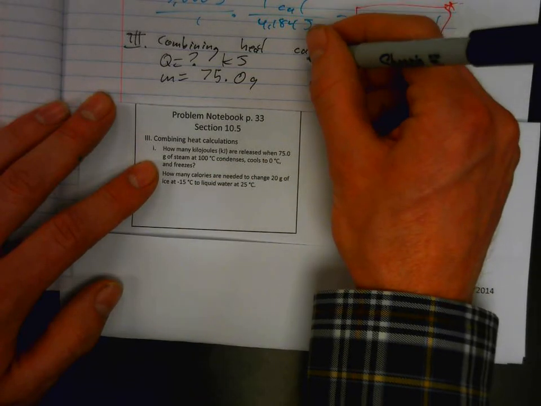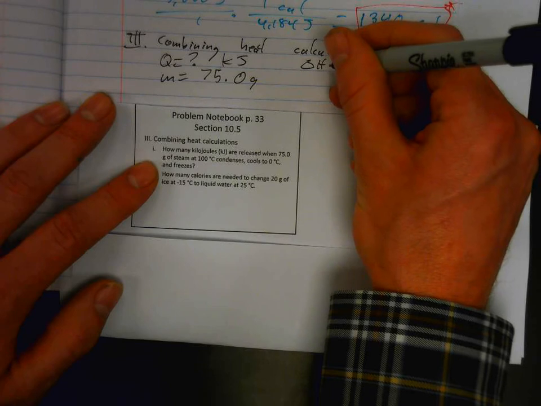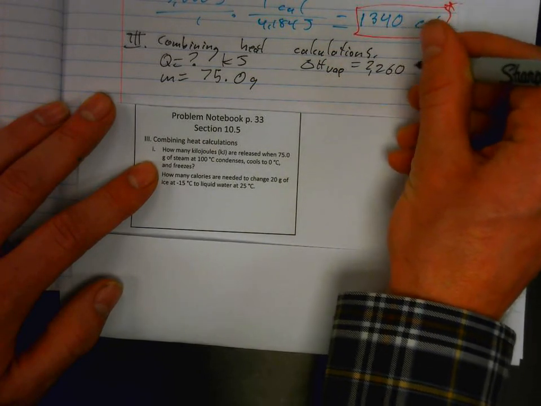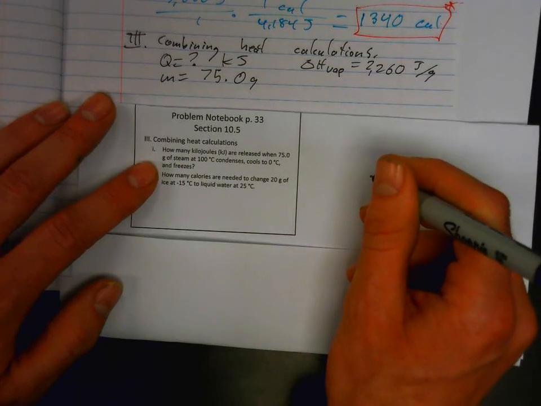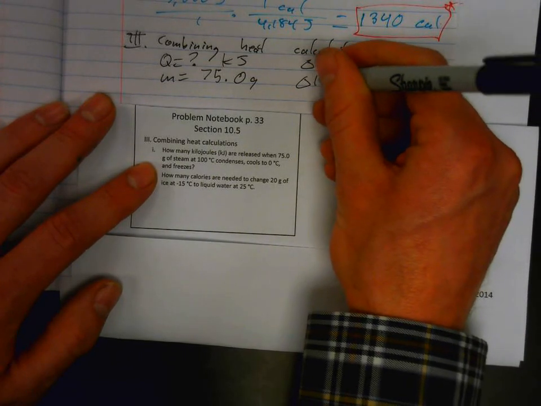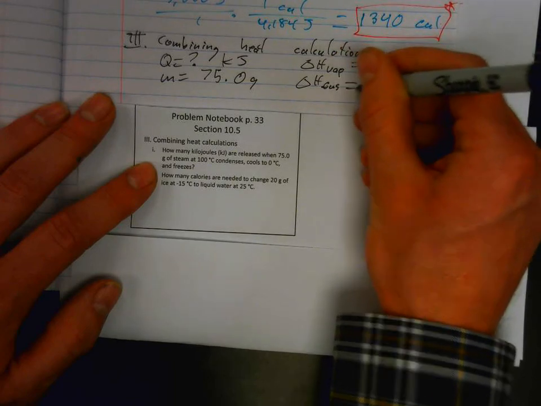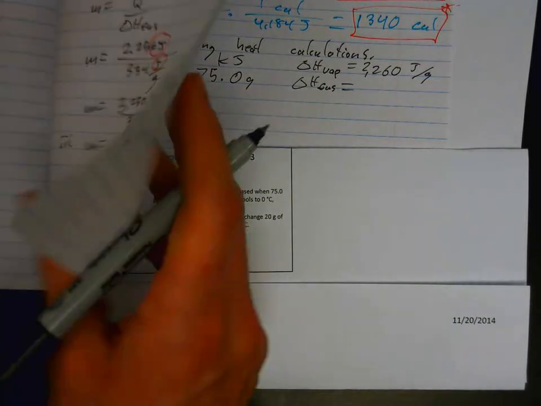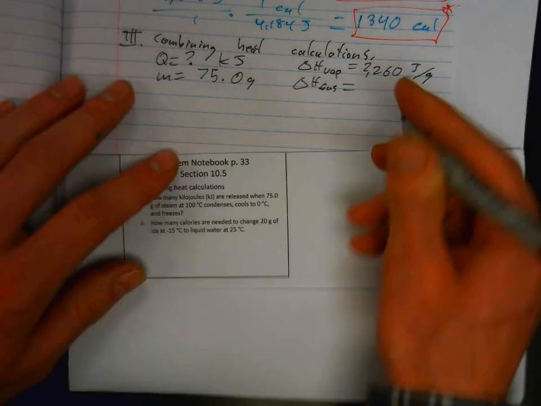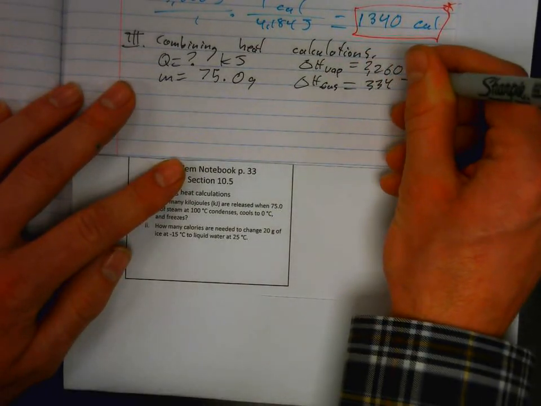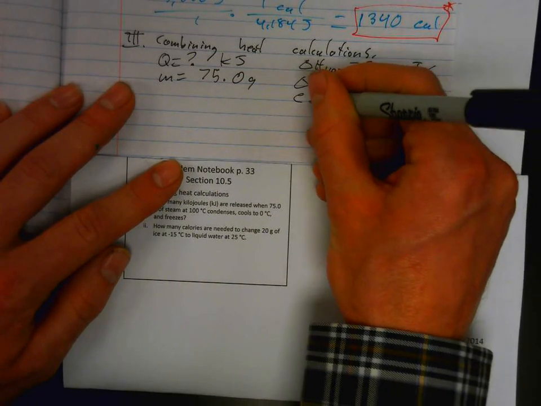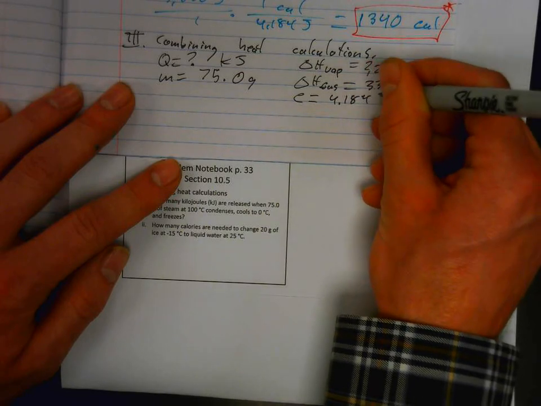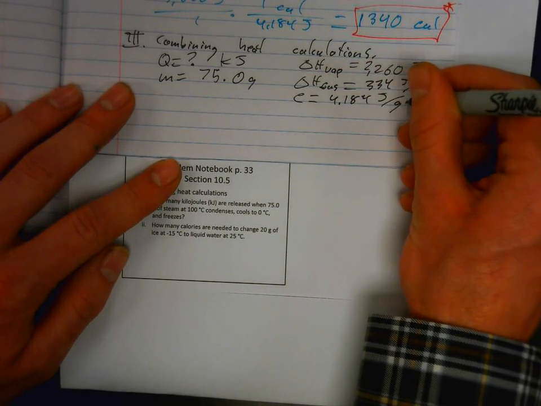But we're going to need the heat of vaporization, which is 2,260 joules per gram for water, and the heat of fusion, which is 334 joules per gram. And then we also need the specific heat of water, so 4.184 joules per gram degrees Celsius.